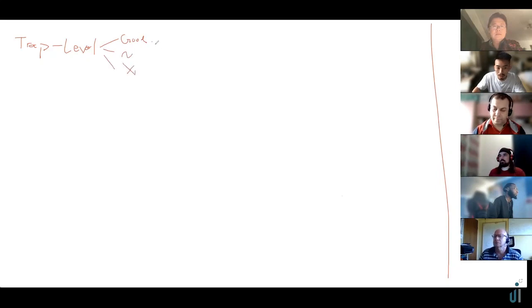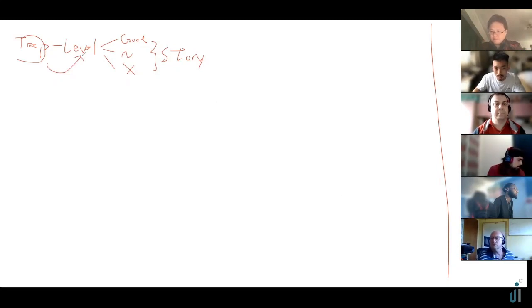It all depends on the story of where it is in a pullback, right? We're doing all of this in a pullback. So look for a level. That level might be good, might not be so good, and it all depends on the story.